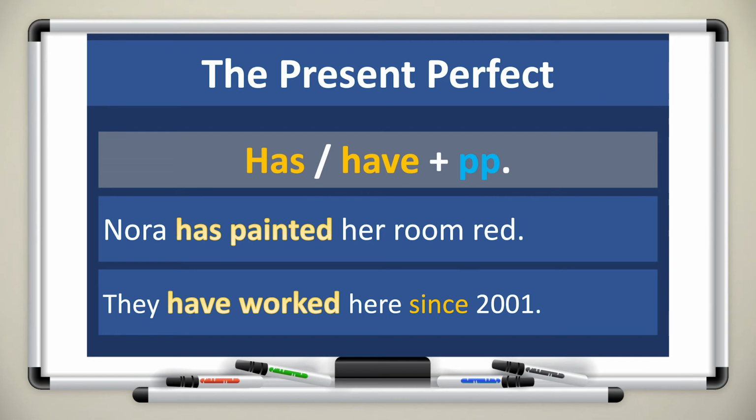The second example is they have worked here since 2001. So they here is a plural, and so I chose have, and I followed it by the verb in the past participle. You see here, the word since tells me that this thing happened in the past and lasted until this day.